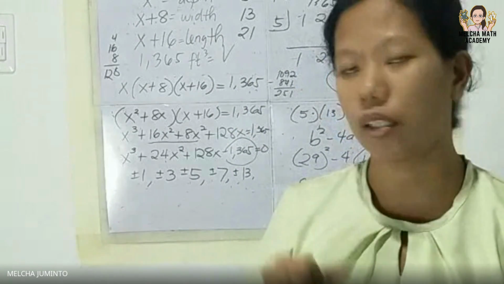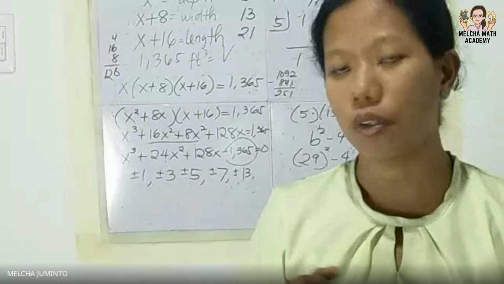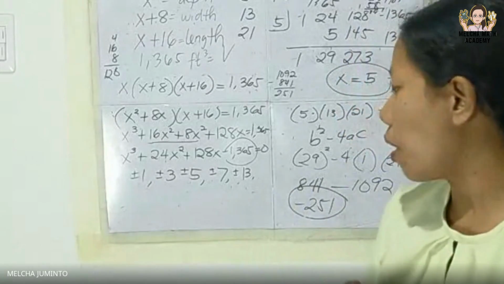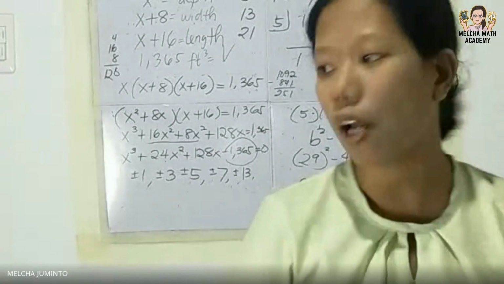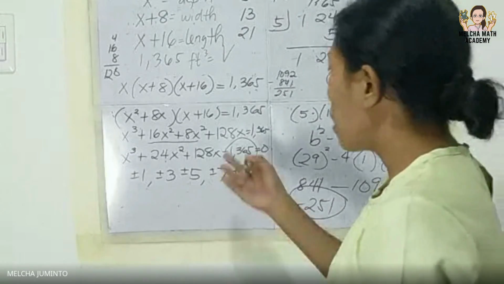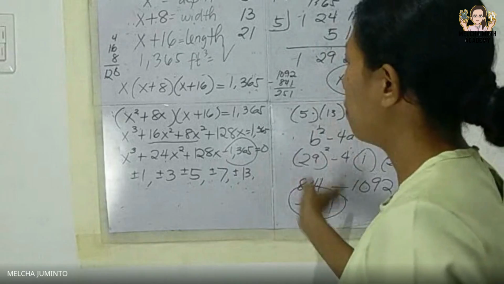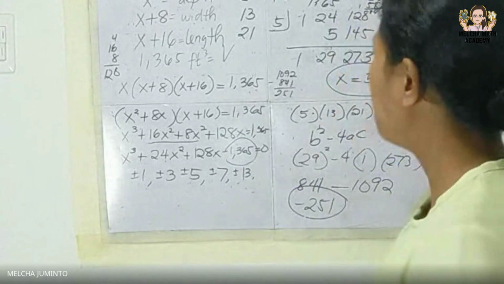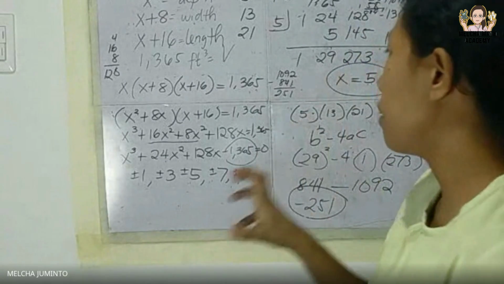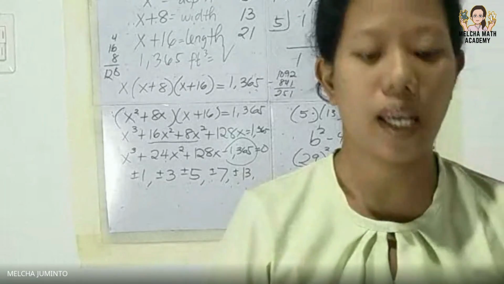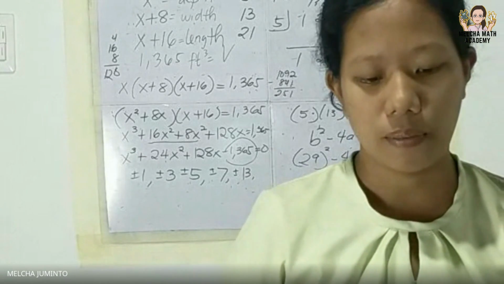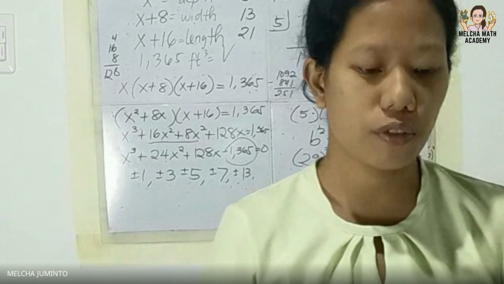We have the synthetic division, the factor theorem, remainder theorem, as well as the fundamental theorem of algebra, as well as the rational root theorem. And here we have discriminant, lesson in grade 9. All of them are integrated in order to successfully get the dimension of the object in the problem.